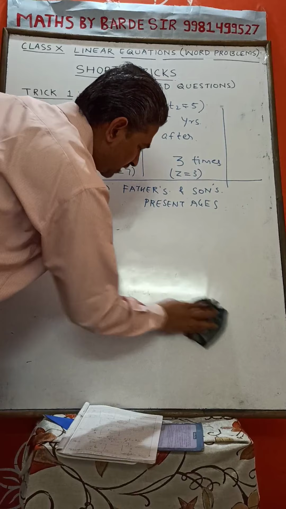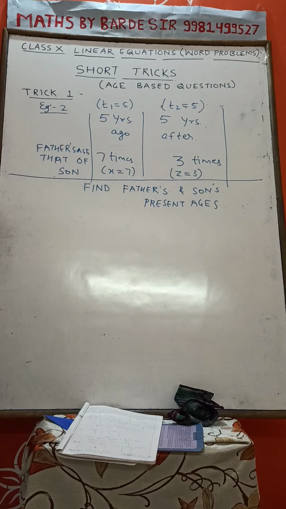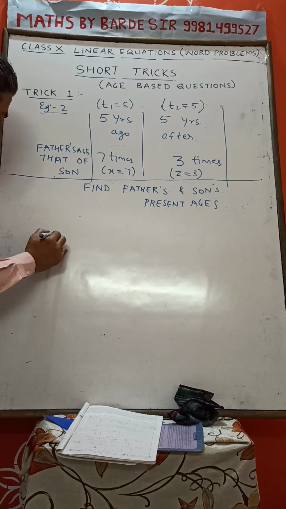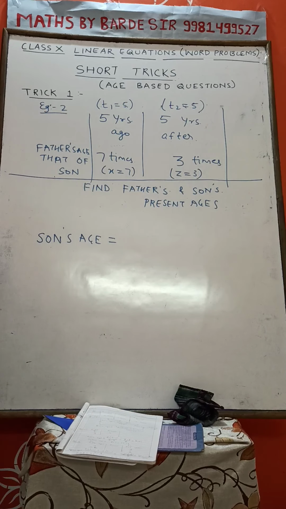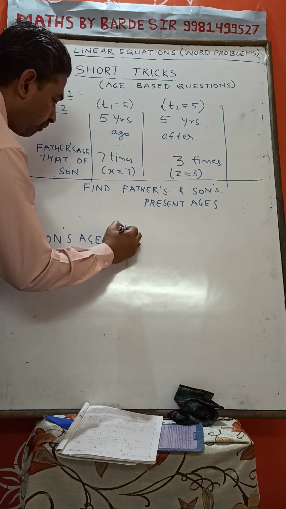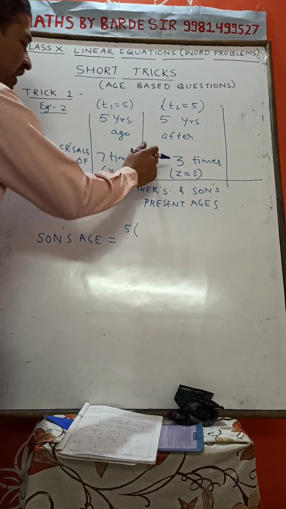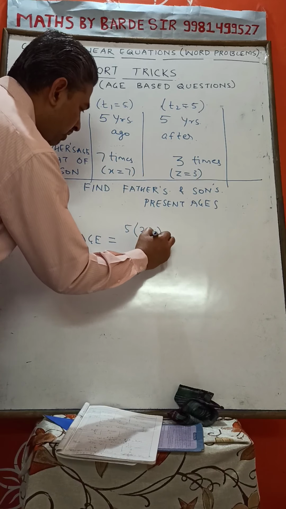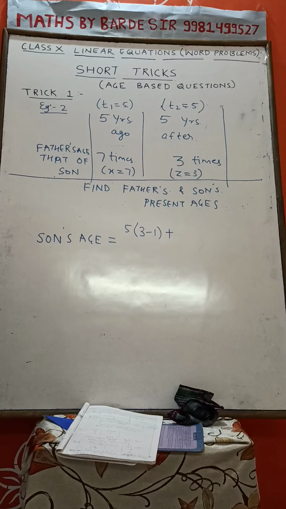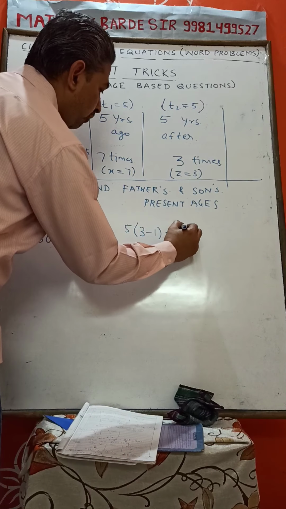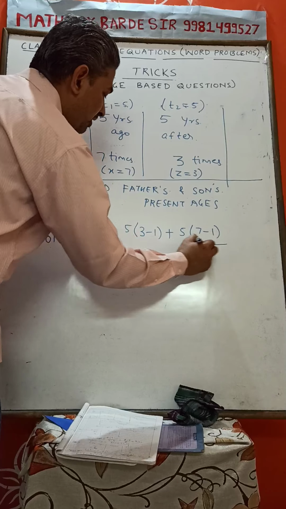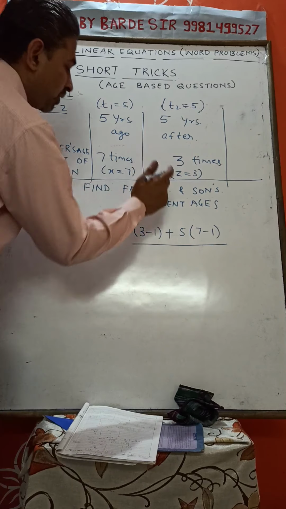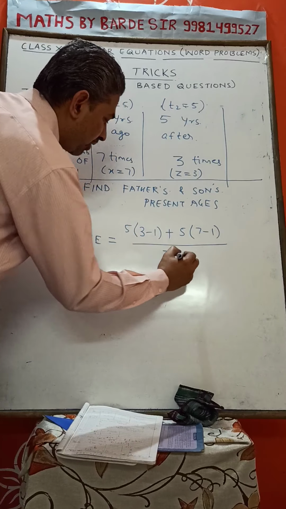According to this formula that we have, son's age equal to T2 5 into Z minus 1, 3 minus 1, plus T1 5 into X minus 1, 7 minus 1, upon X minus Z. 7 minus 3.